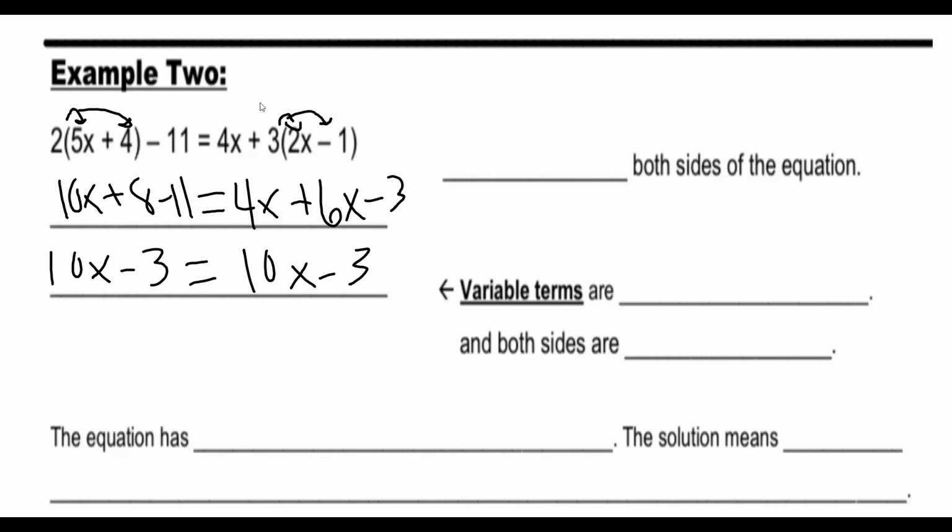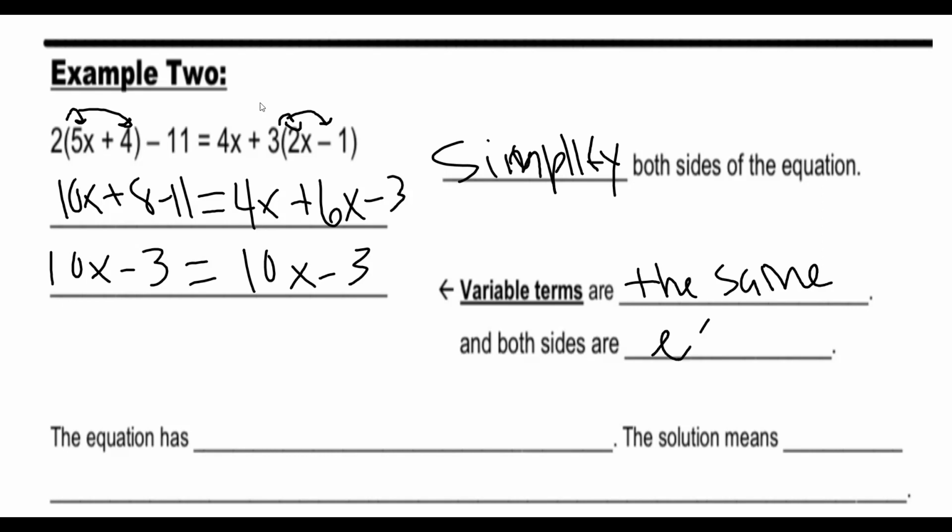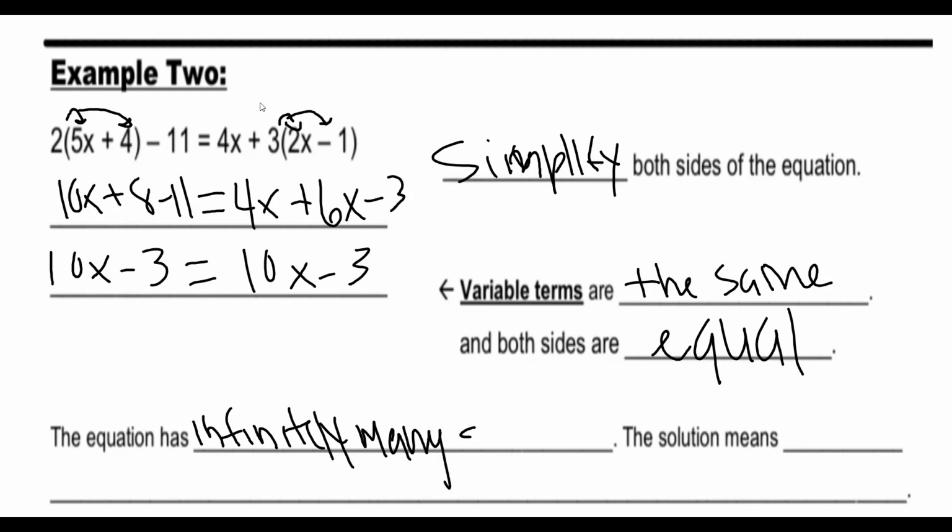So once we were able to simplify both sides, we saw that the variable terms are the same and both sides are equal. This means that the equation has infinitely many solutions.